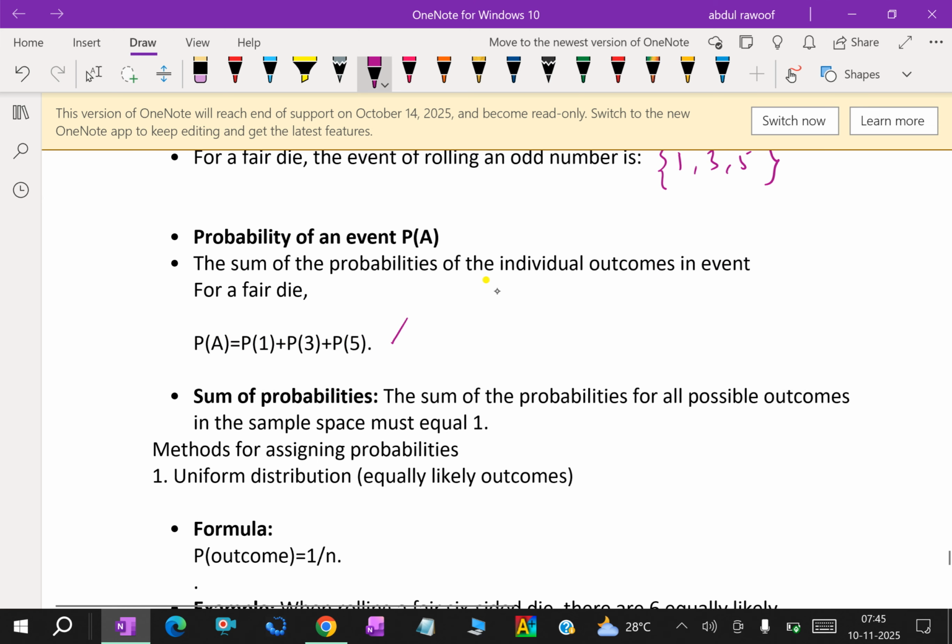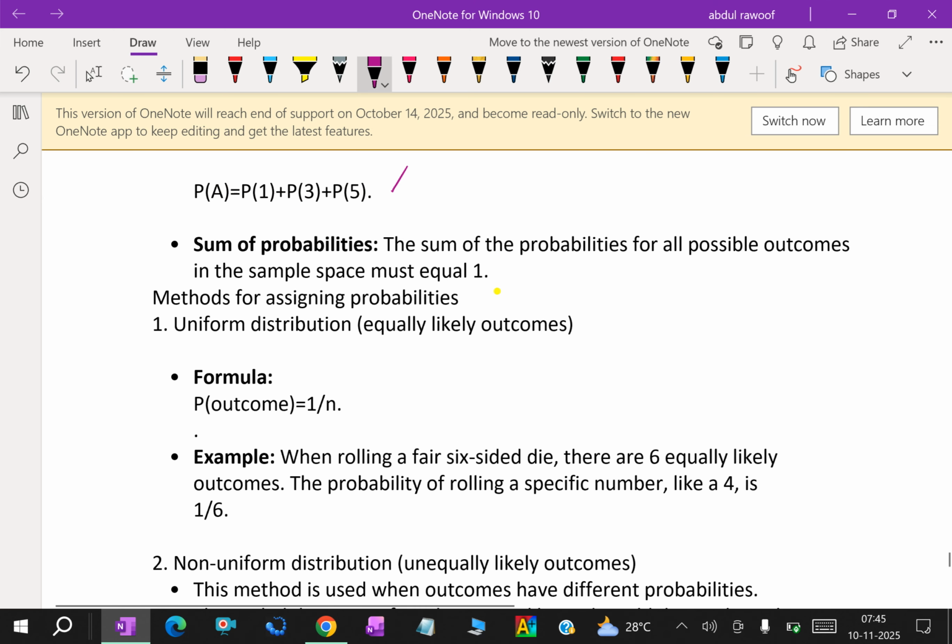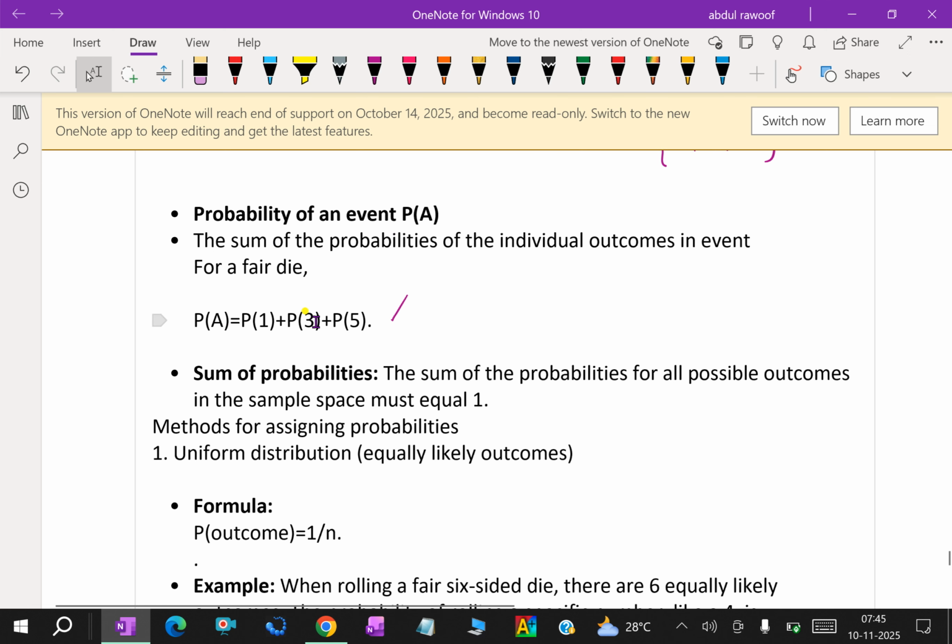The sum of the probabilities for all possible outcomes in the sample space must be equal to 1. This is not all outcomes, this is a particular event, but the sum of all outcomes must be 1. Here, this is not 1. P of 1 plus P of 3 plus P of 5 is only half because only the odd numbers are here and the even numbers are missing, so it is half of the sample space.